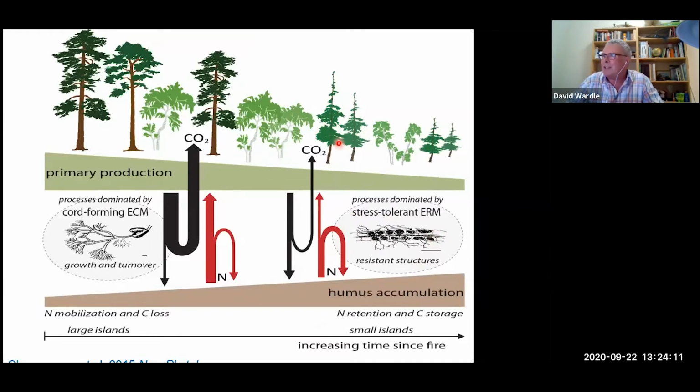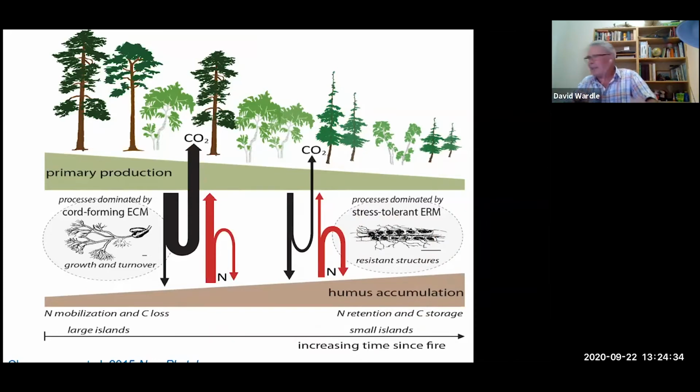Not much carbon and nitrogen given off, so the plants look a bit miserable, but lots of carbon and nitrogen stored in the soil. Deep humus profiles. This is relevant to global change. The more frequent fires we get in the warmer parts, in the parts of the boreal with more frequent fires, move to this direction. Suppression of fire and least frequent fires, we move more in this direction.